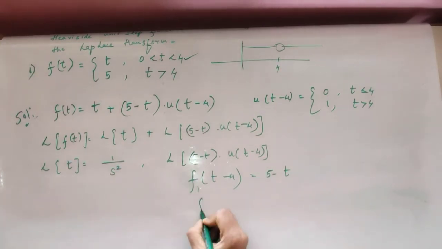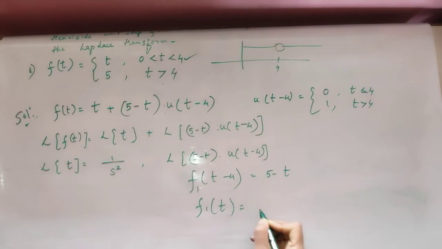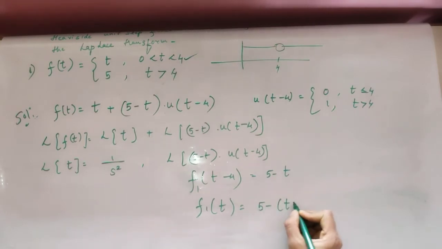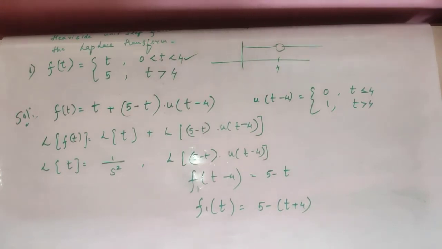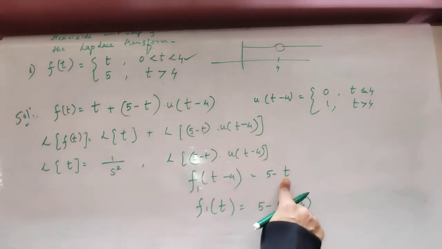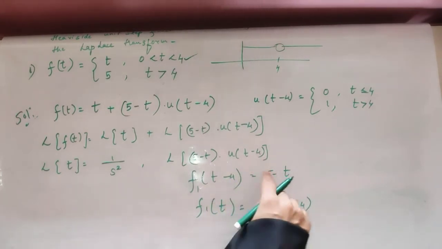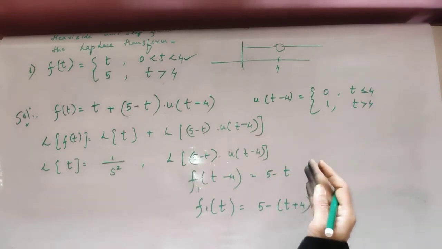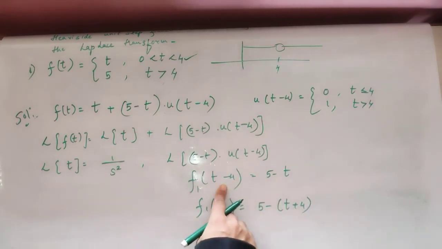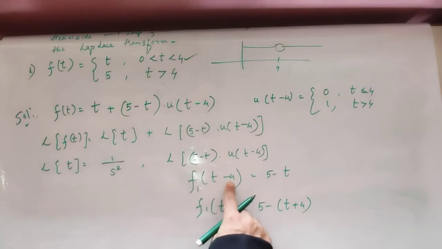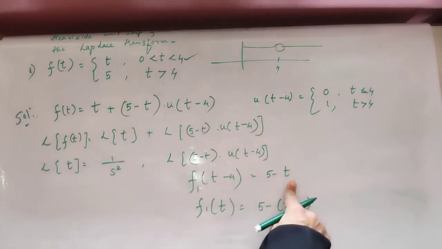I want f1 of t from here. What is f1 of t? It is 5 minus t plus 4, or no? Because in t minus 4 you had t over here. If it is t, it should be 4 steps ahead. If it is t minus 4 here, you are having t. Yes or no? Means what?